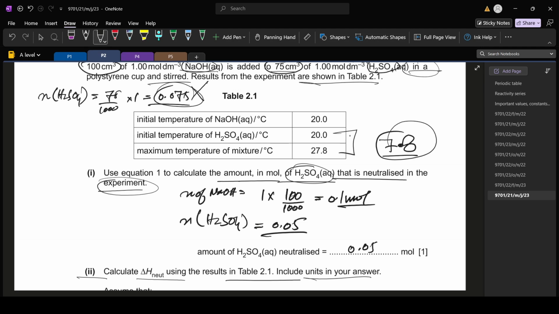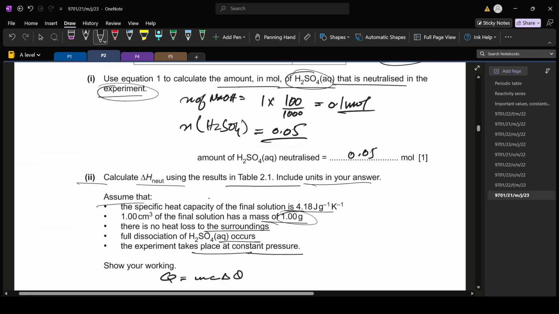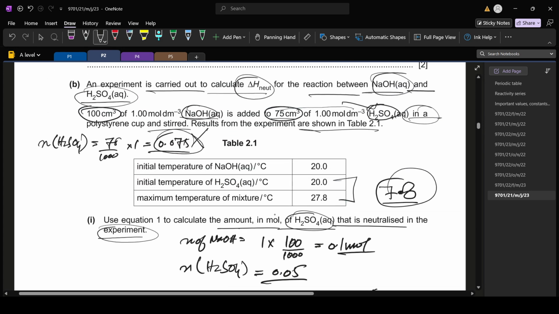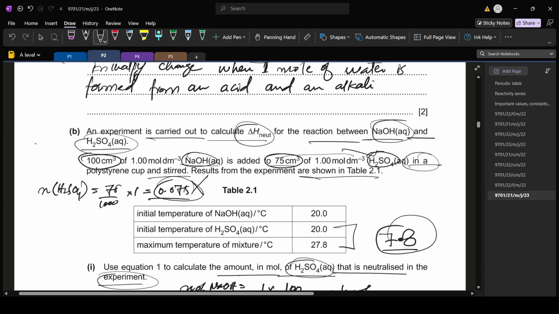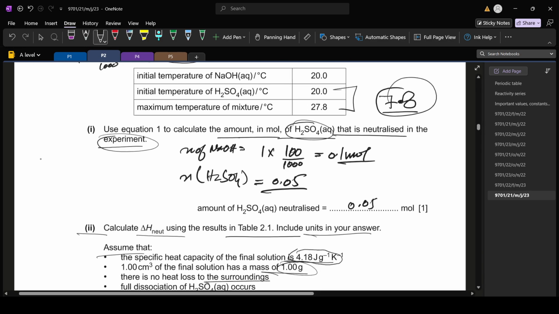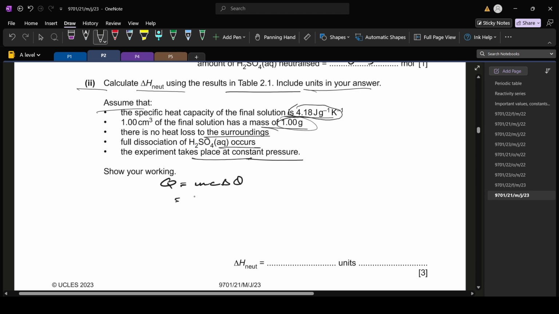So now you know the temperature change, and you are also given the value of c, which is specific heat capacity, and its value is 4.18. Now the mass will be the overall mass. The total volume is actually 100 plus 75, it's 175. Okay, so now let's calculate 175 into 4.18 into 7.5.